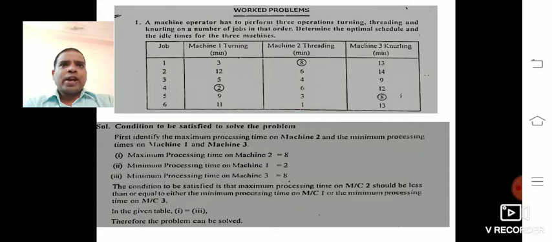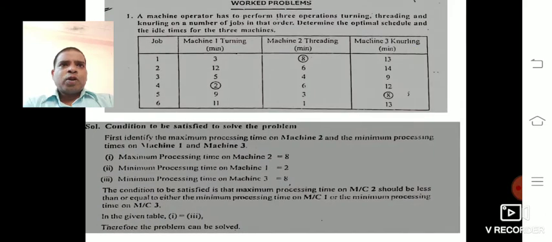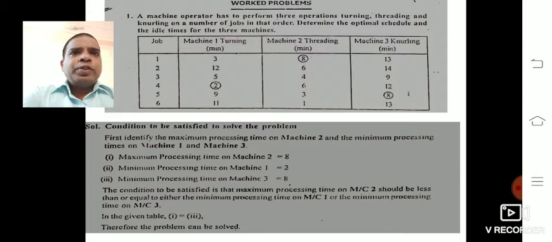See here we have n number of jobs and 3 machines: machine 1, machine 2, machine 3. First we need to check the conditions. Please find out the maximum processing time on machine 2, that is 8.